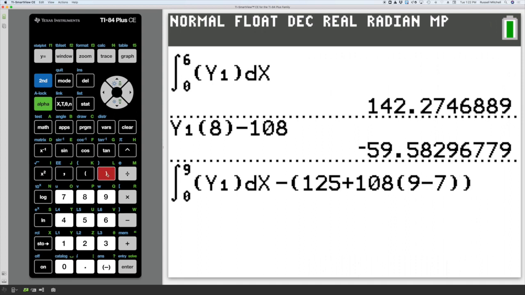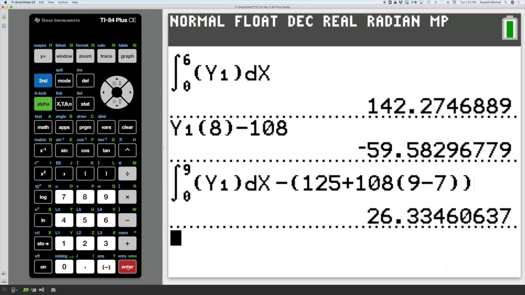Let's double check the parentheses. This is really 2. If you put in 2 right here, you wouldn't be wrong because 9 minus 7 is 2. Then we'll press enter, and we get 26.335. That's how many cubic feet of snow is on the driveway at 9 a.m.